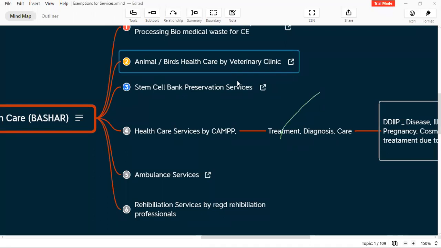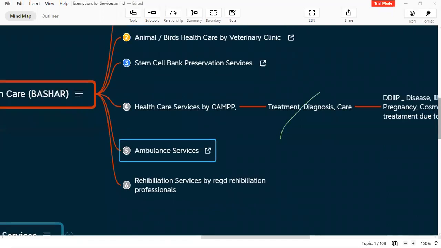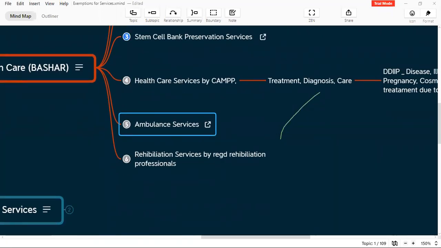So going forward, the fifth exemption they have given is ambulance services. Now note, nowadays you can see a lot of private ambulances, that is, certain businesses only run ambulances. So private lines will be there. They are also given exemption. Ambulance services have been given exemption. The recent amendment which is applicable for this exam and the next exam is on this point.